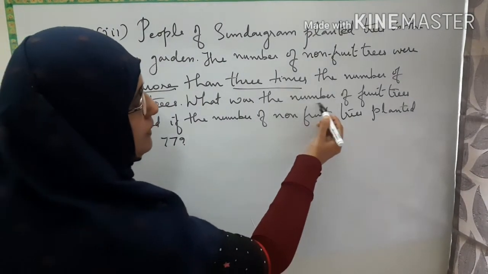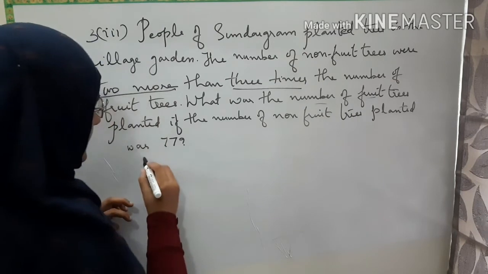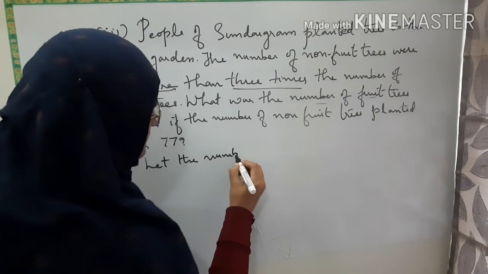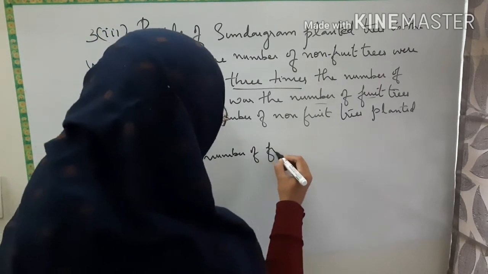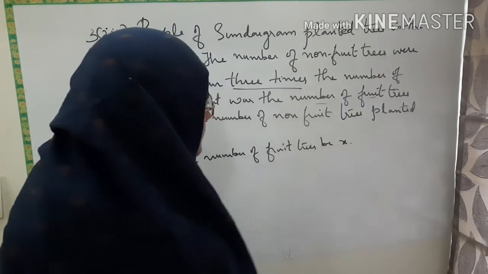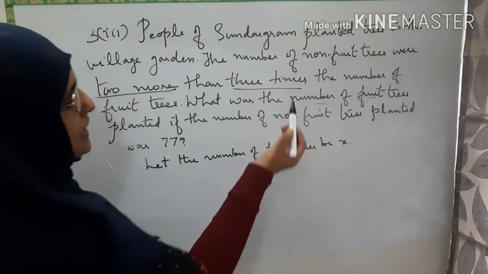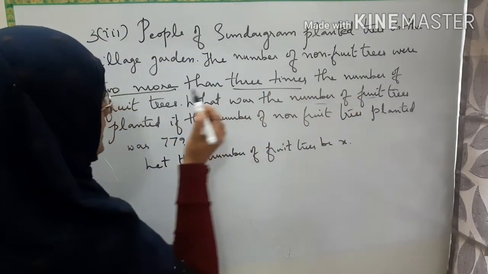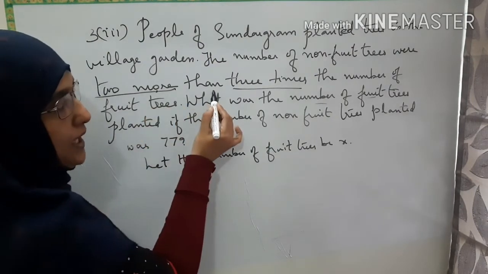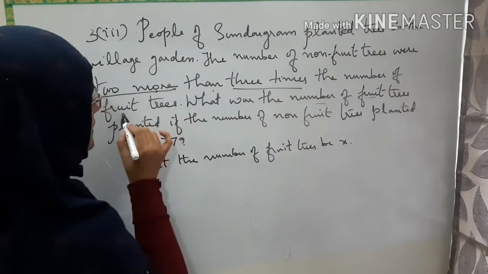We have to find the number of fruit trees. So let the number of fruit trees be x. Then what is given there? The number of non-fruit trees was 2 more than, 2 more means plus 2. Then what? 3 times the number of fruit trees.